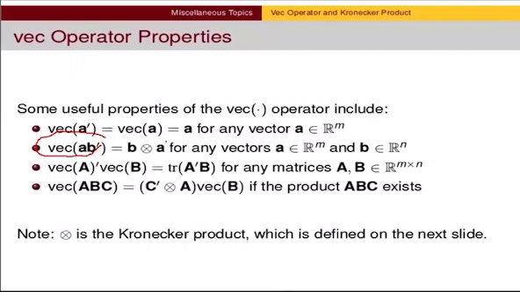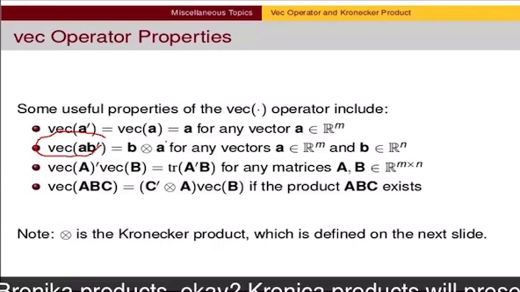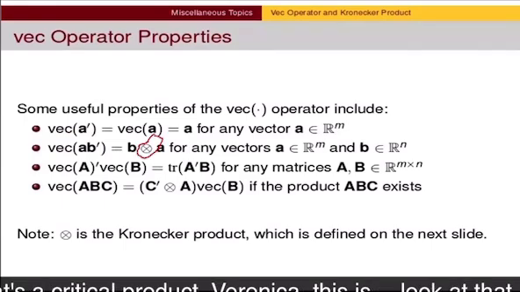Let me also tell you this: when I vectorize a matrix, how do I preserve dependency among variables? I'm going to say that again: when a matrix is vectorized, how do I preserve dependency among variables? Kronecker products will preserve dependencies. Whenever you see this sign, that's a Kronecker product.